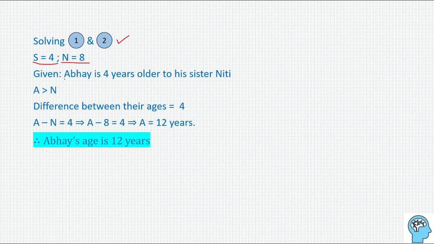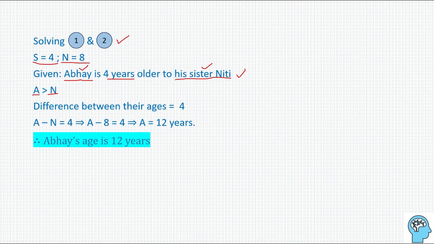Now from the given data in the question, Abhay is 4 years older than his sister Niti. That means Abhay is the elder brother of Niti, so Abhay's age is greater than Niti's age. To interpret these kinds of statements, first find out whose age is greater.